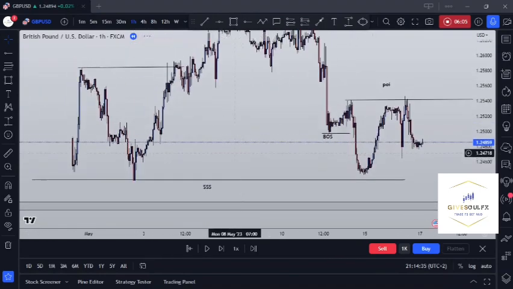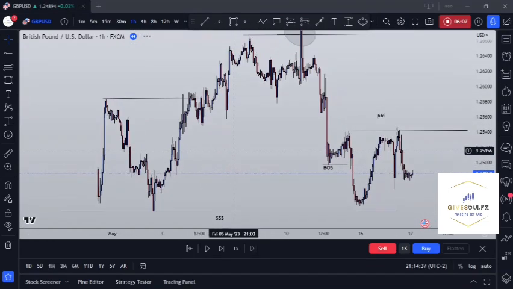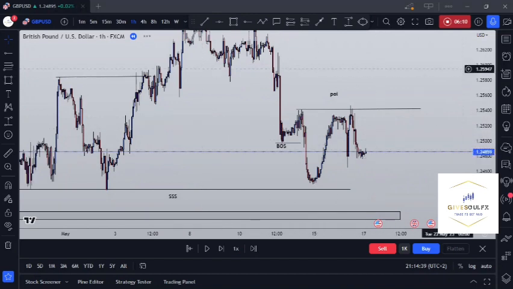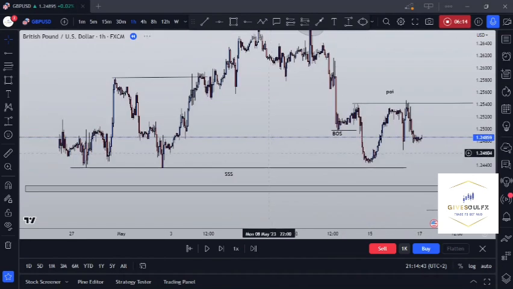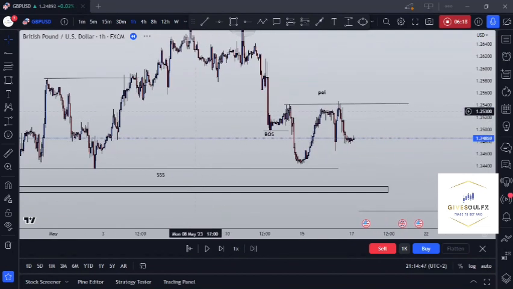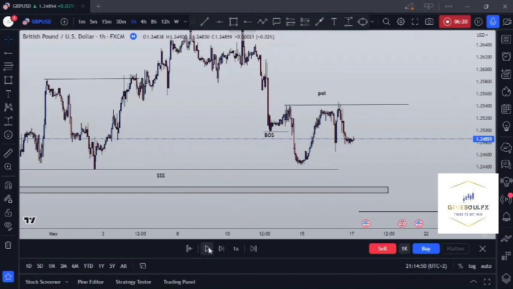So what I want you to understand is that before getting into this trade, you have to know that GBPUSD will manipulate price before moving in our direction.